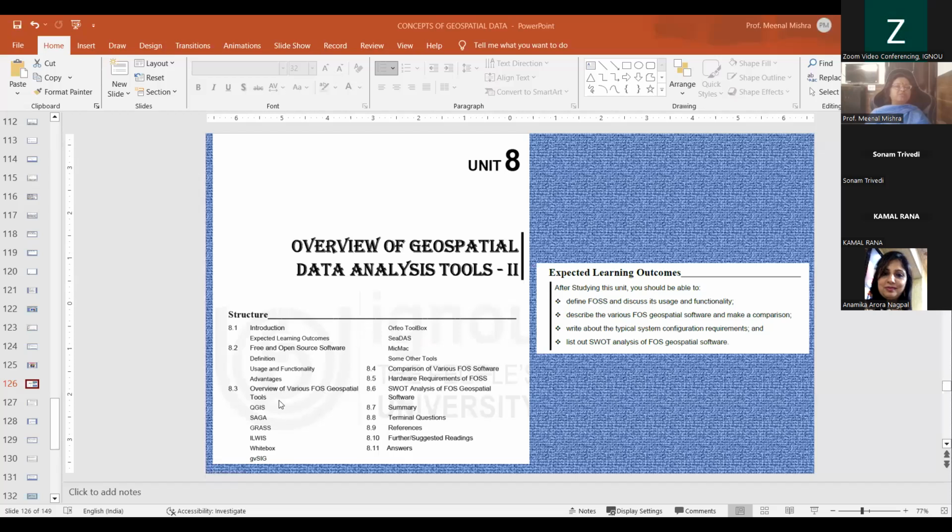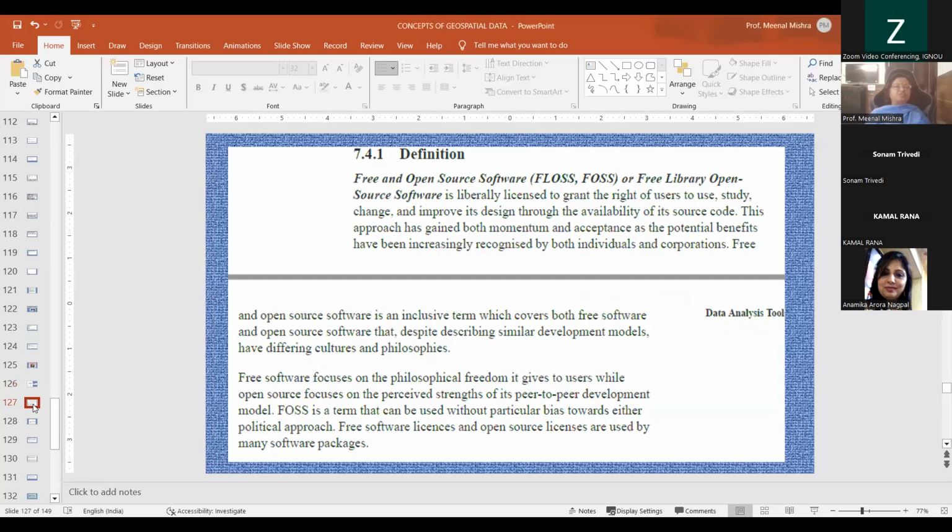So all these have been discussed as different geospatial tools. And then you have comparison of various FOSS software, hardware requirements for FOSS, and SWOT analysis for FOSS geospatial software. So these are the learning outcomes.